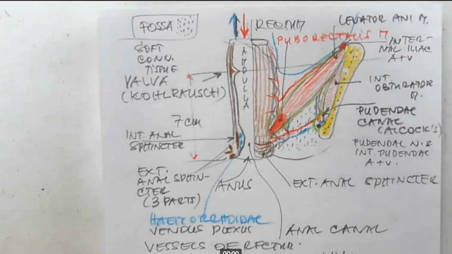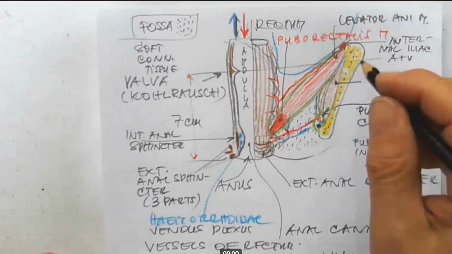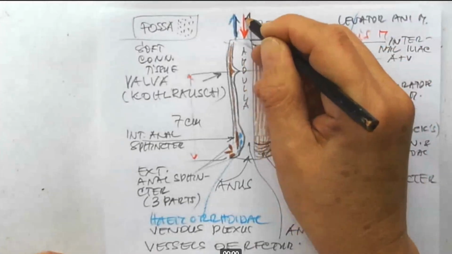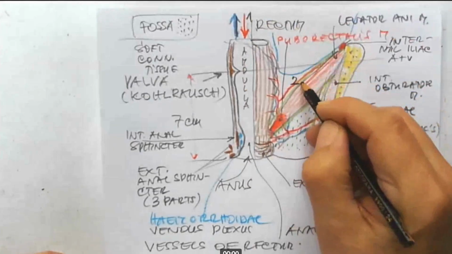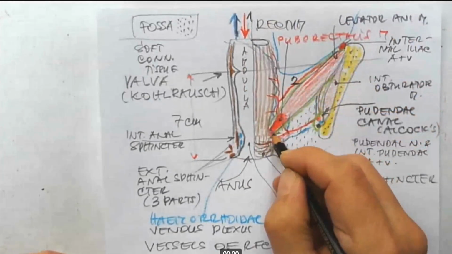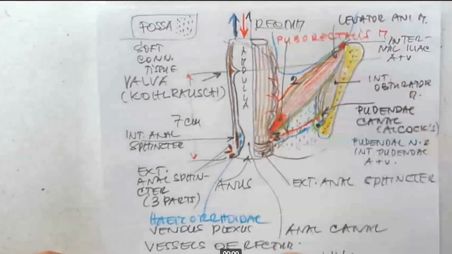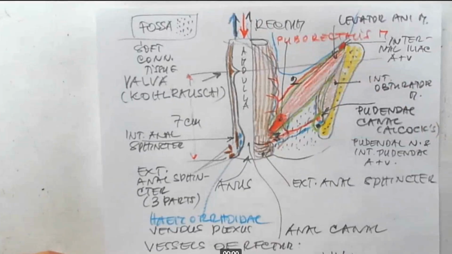Arteries labeled by numerals would be artery superior number 1, middle number 2, and inferior number 3. This is that lower one, number 3, number 2, number 1. Arteries and veins, both of them, number 1, number 2, number 3.